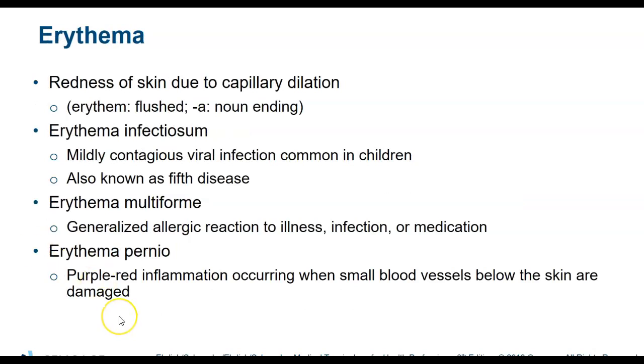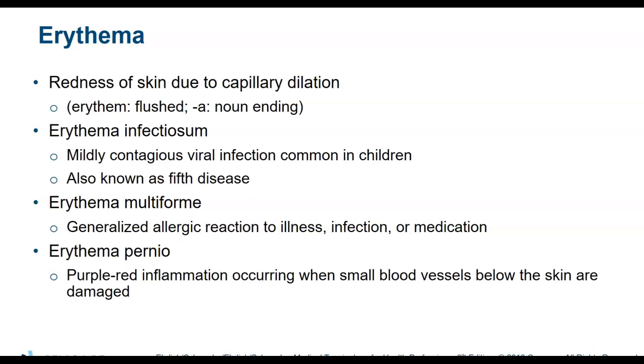Erythema is actually the redness of the skin due to capillary dilation. And there's a number of different types that are out there. Erythema infectiosum is a viral infection in kids. It's also known as fifth disease.